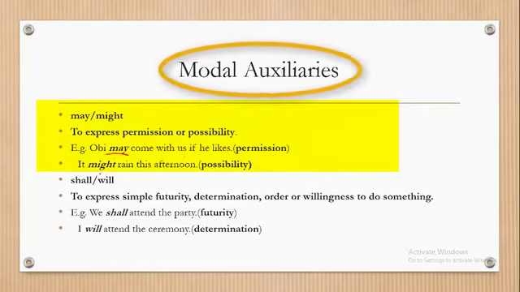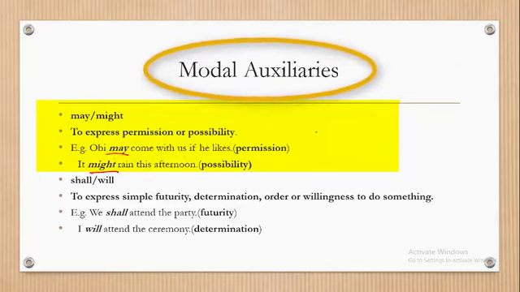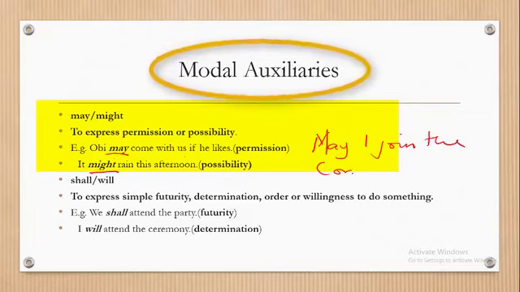But it might rain this afternoon. Might here is showing the possibility of it raining. Now, we can also use it to make a polite request. For instance, you can say, may I join the conversation?